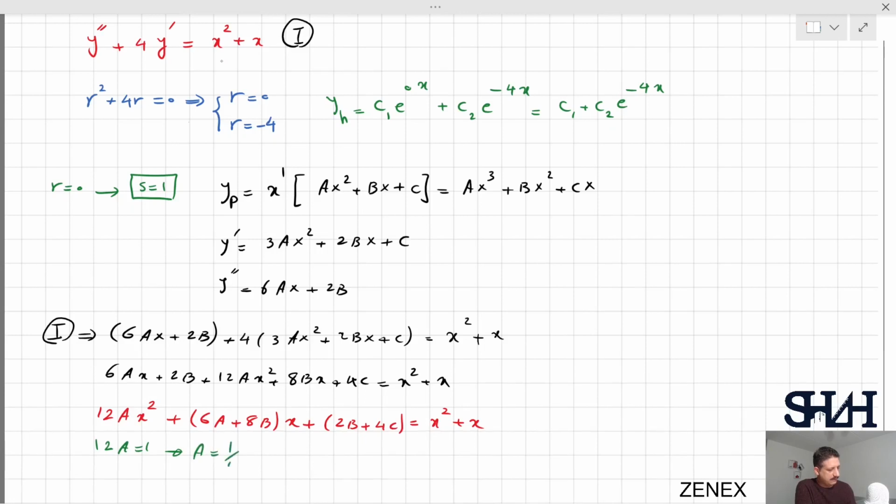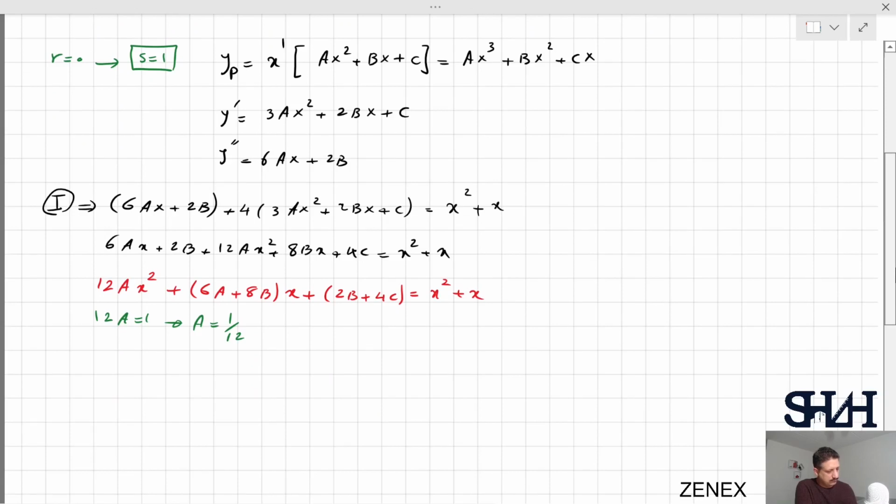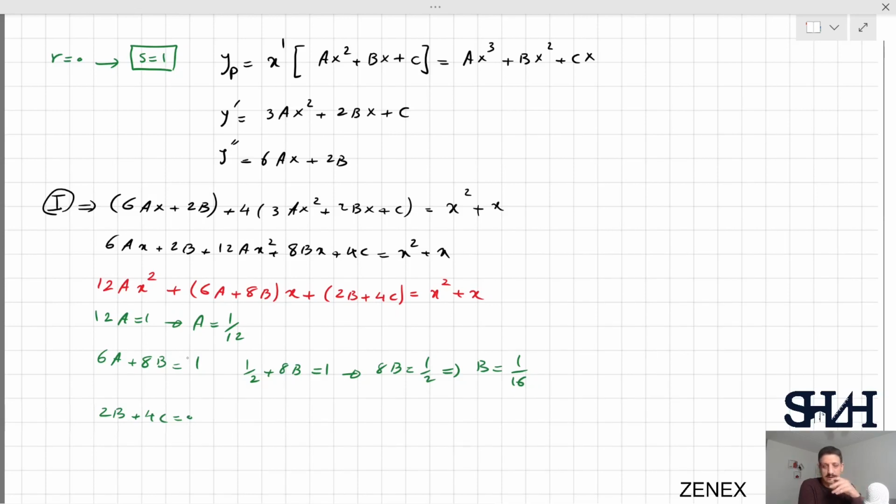As a result, a will be 1 over 12. 6a plus 8b will be 1, so it will be 1 over 2 plus 8b equals 1. 8b equals 1 over 2, and b is 1 over 16. And then 2b plus 4c will be 0. We do not have any constant on the other side. So then c will be minus b divided by 2, which is minus 1 over 32.